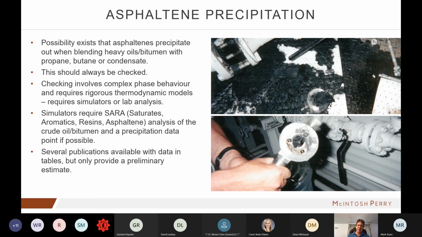For example, if it looked like you were going to get a lot of asphaltene precipitation, you definitely want to do lab data. If it looked like you were only going to get a small amount, you might try and get away without lab data. I'm not advocating that, but you might.